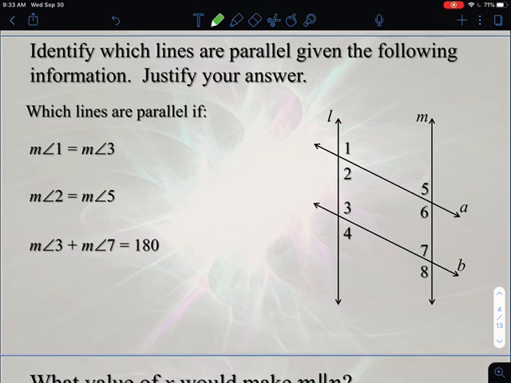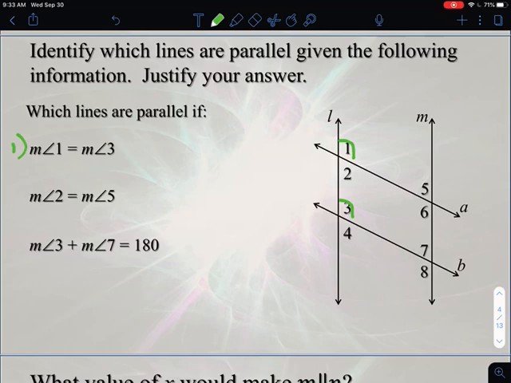We have to have specific information to make that determination. So if we look here, the first thing they tell us in problem number 1 is that the measure of angle 1 equals the measure of angle 3. What I would suggest doing on these types of problems is mark your picture. Angle 1 and angle 3 are the same.